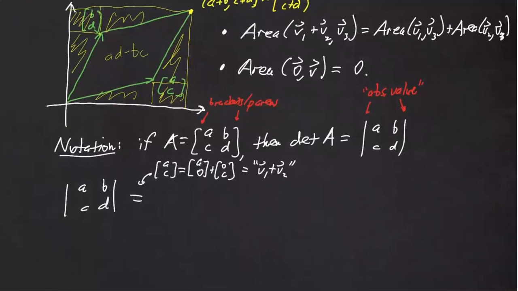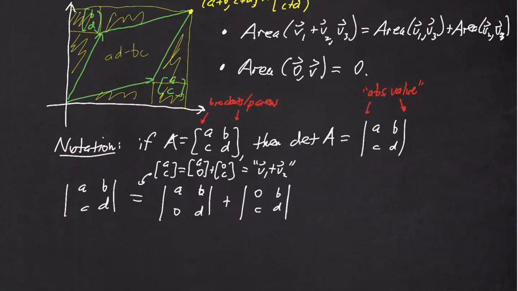So it says that if the vector breaks up into two vectors, then the determinant also breaks up. Oh, that's a B right there, sorry. Like that, right? Oops, I wrote a square bracket, but I'm going to use absolute value signs.